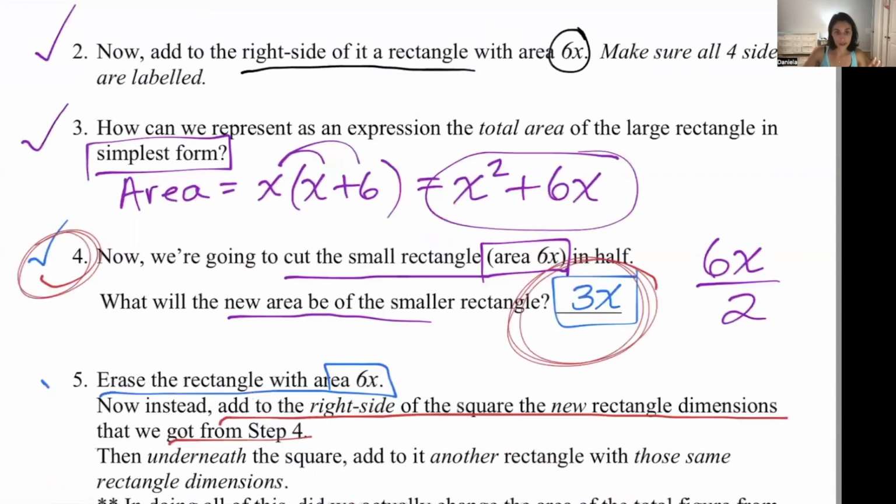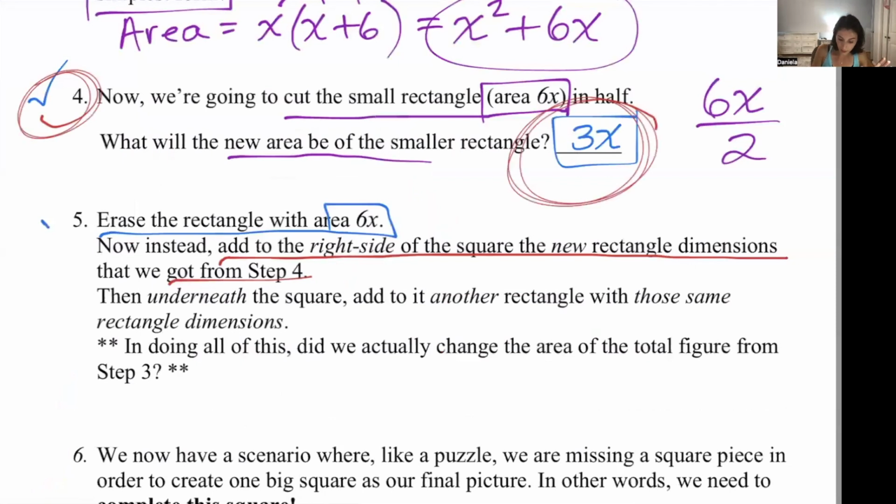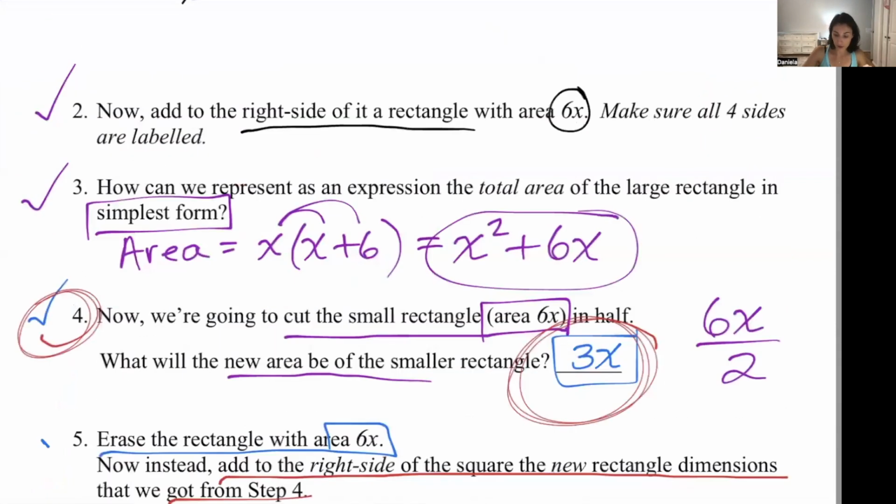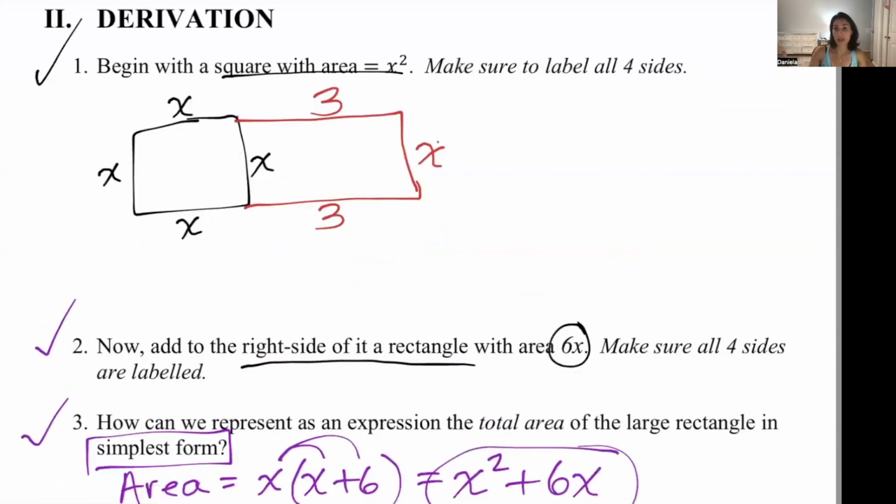That's why in the next step, underneath the square, we're going to add another rectangle with those same 3x dimensions. Remember, we took the rectangle 6x and cut it in half, so overall it's going to be the same area. Now underneath it is the other rectangle with area 3x.